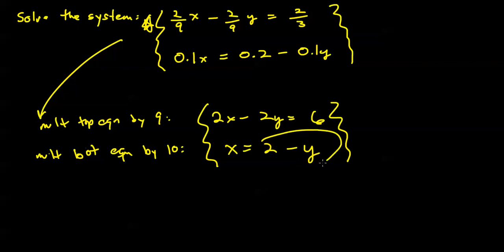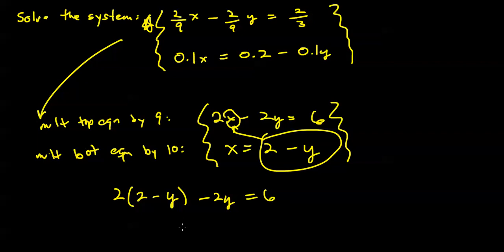Alright, so this resulting system begs for a substitution type solution. I can see one of the variables is already solved for, x equals 2 minus y. I can substitute 2 minus y for x in the top equation and get one equation with one unknown. So 2 times (2 minus y) minus 2y equals 6. Multiplying this out, I get 4 minus 2y minus 2y equals 6.